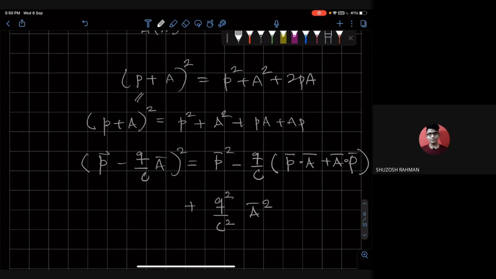Mind you that they're all operators. So if there's a wave function on the right, they're going to act on it. Any questions? I mean, this is just algebra.